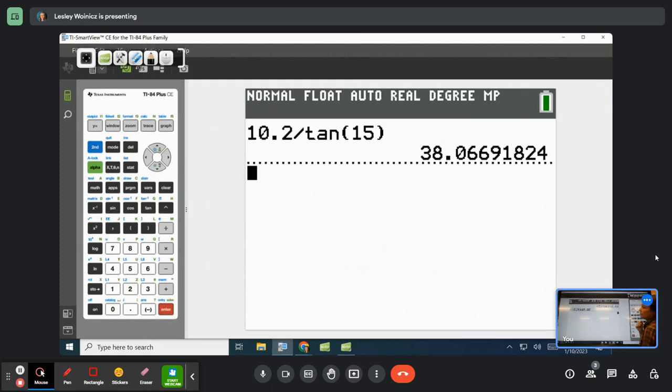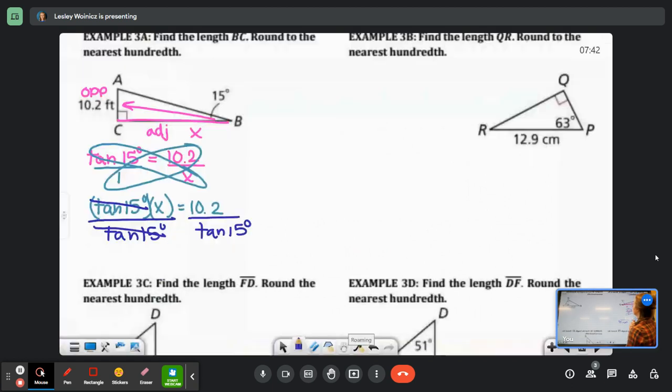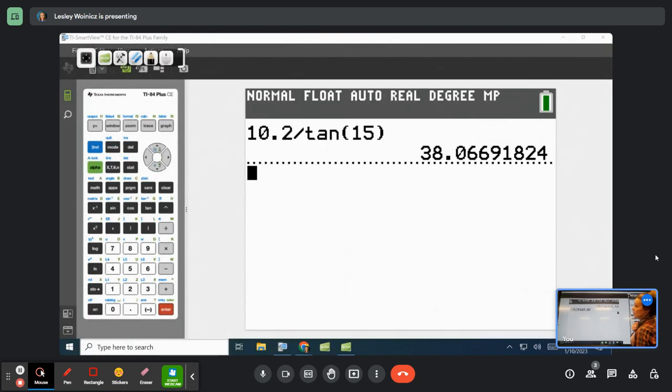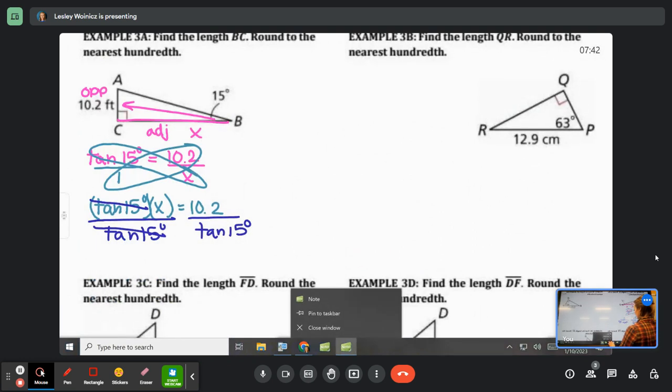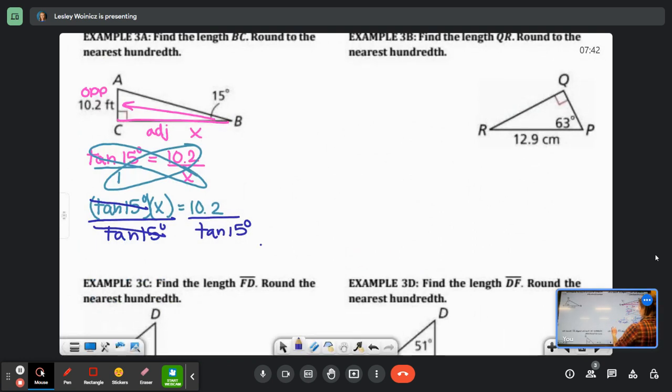What does it say to round to? Round to the nearest hundredth. Okay, so 38.07 is what I'm getting. Now, the tangent is defined as a ratio.